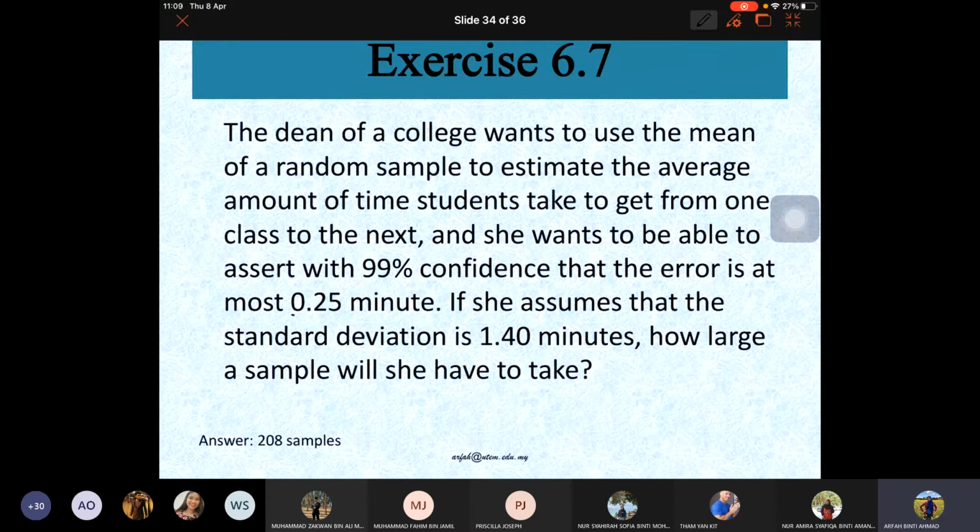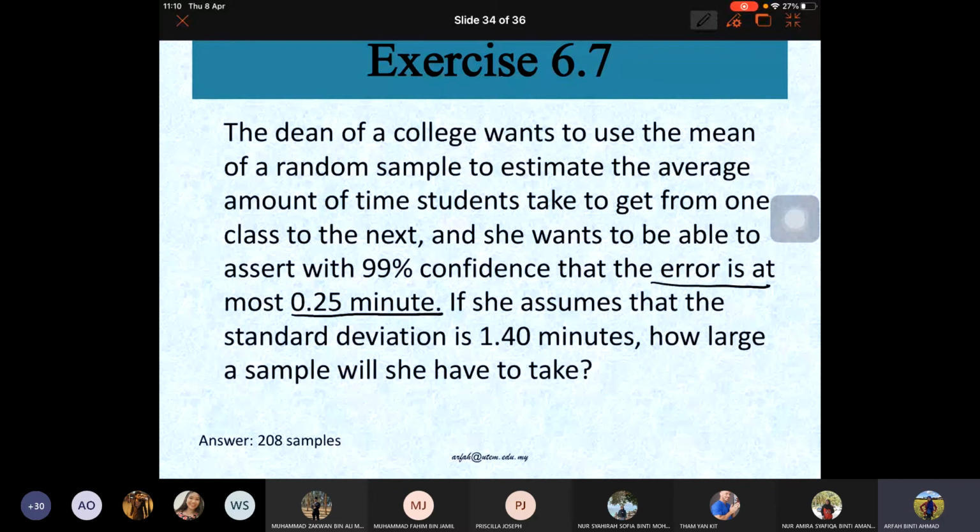So it's stated in here, error yang dia berminat paling banyak adalah 0.25. So if she assumes that the standard deviation to be 1.4 minutes, how large a sample will she have to take? Okay. So list down all the information given.